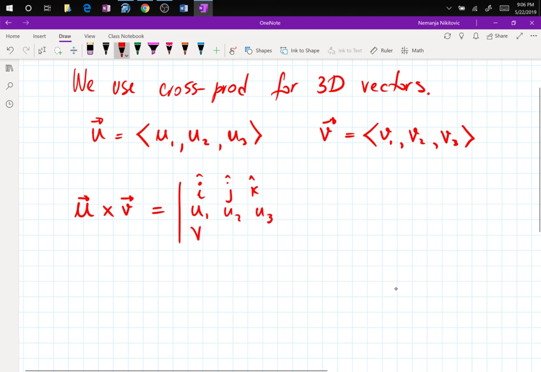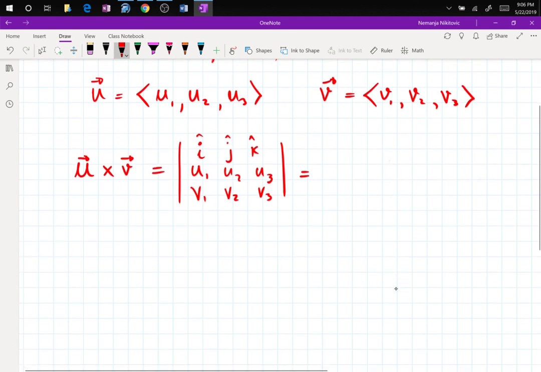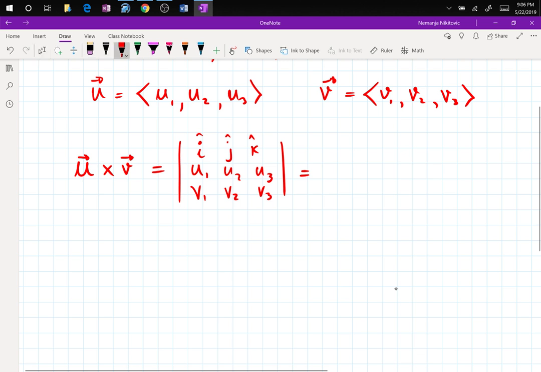And the third row is the second vector, v1, v2, v3. So that's the setup. And now we are going to break this into 3 2x2 matrices.